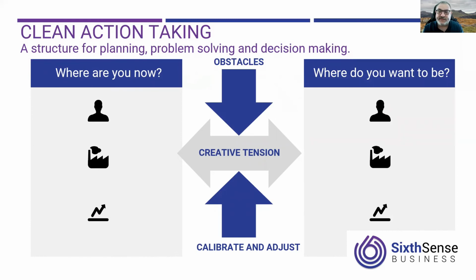Then within that creative tension, the logical next step will often present itself. The next logical action becomes apparent, and the decision becomes about, do we take that next step? But of course, we also have to be mindful that although that next step may seem sensible to us at the point of the decision, we also have to acknowledge that this might not work.